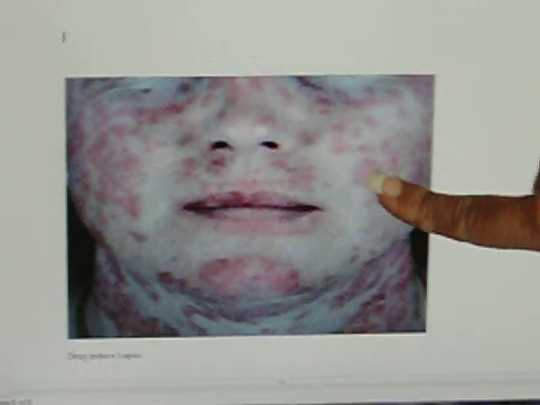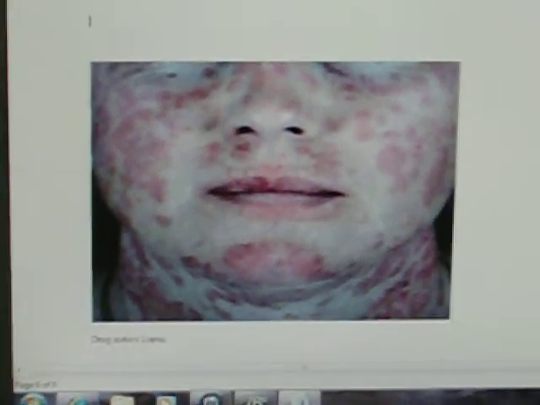This is what a drug-induced reaction would look like for lupus. The last type of lupus is the most fatal, and it's called neonatal lupus, and that occurs when the mother passes the autoantibodies on to her fetus.